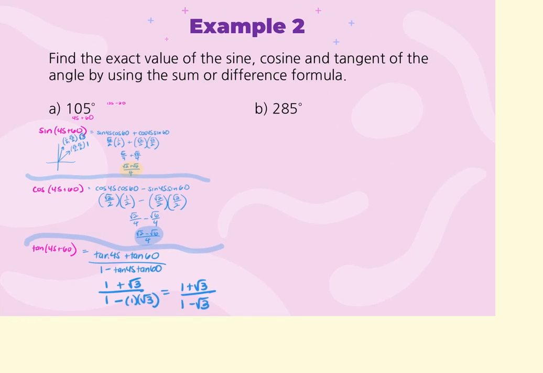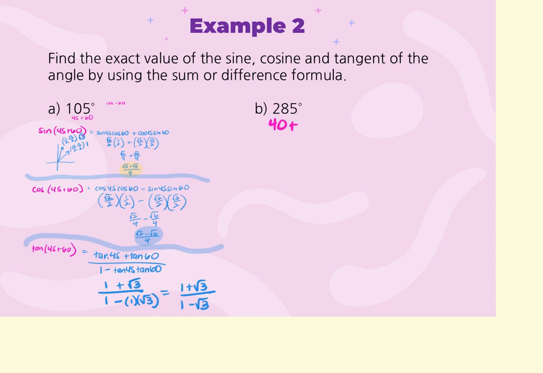All right, we're just going to set up B, and I might jump to tangent just so you can see something different for a second. But now I've got 285. So what two angles can I add together to get 285 or subtract to get 285? I could do 45 and 240, right? Those are two angles.